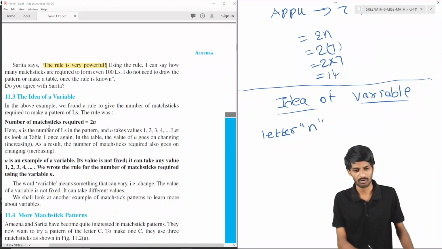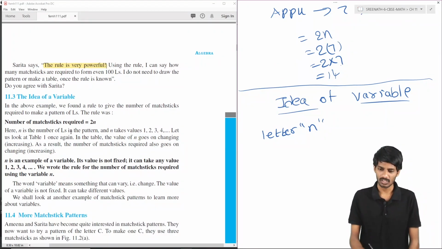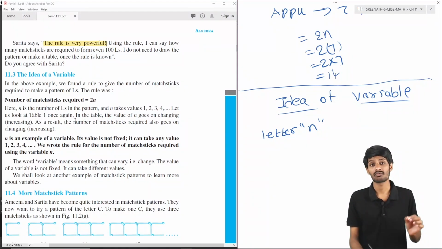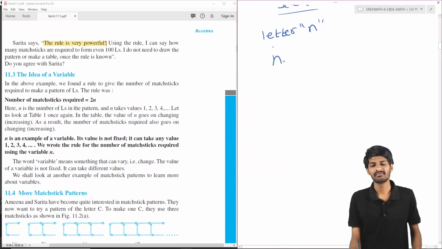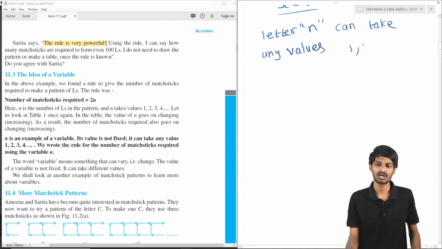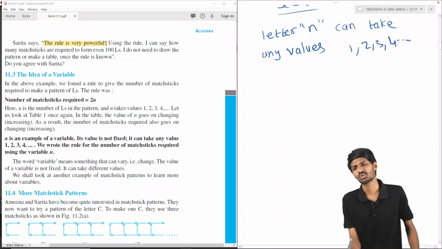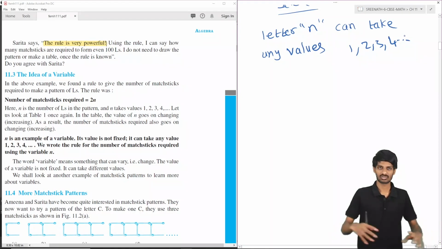Okay, students. So the number of matchsticks required is equal to 2n simply. Here n is the number of L's in the pattern, and n may have any value. The letter n can take any values like 1, 2, 3, 4 and so on, maybe all natural numbers.